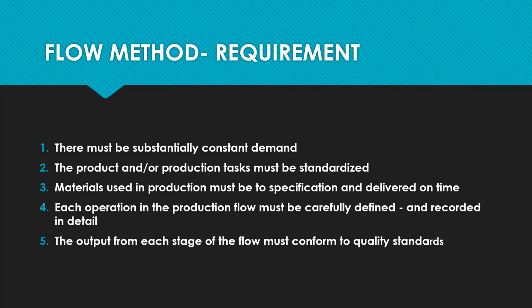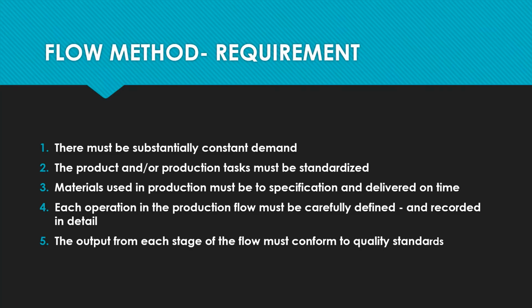That's why constant demand is one of the highlighted words. When there is constant demand, the flow method is required. Secondly, the product must be standardized, then only the flow method will help you.